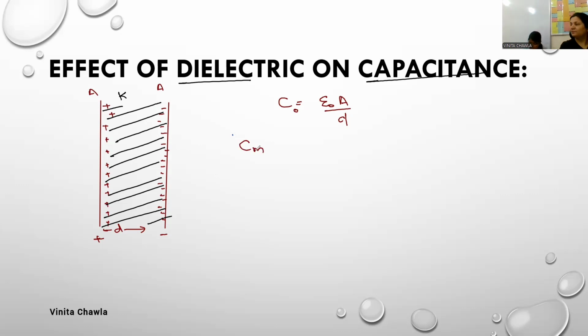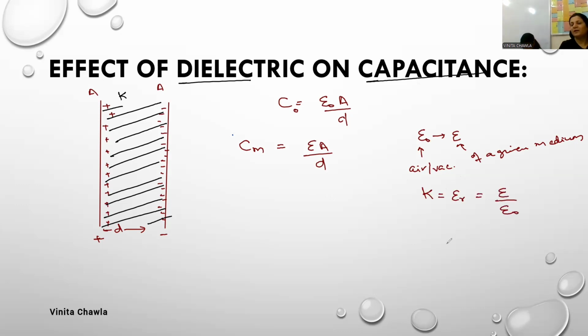Now capacitance will change. It becomes epsilon A by D. Epsilon naught will change to epsilon. This is the permittivity of air or vacuum, and this is the permittivity of a given medium. Now we know the relation: dielectric constant or relative permittivity is epsilon by epsilon naught. So we can write epsilon as K epsilon naught.